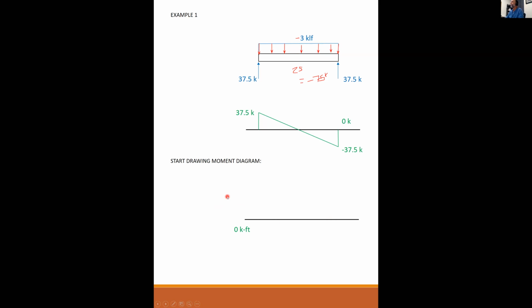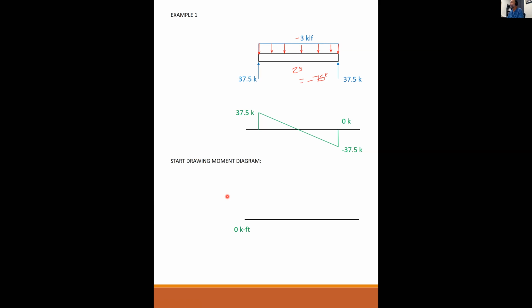Now, I know this is going to be agonizing, but I have to say it a lot of times before it sinks in. The change in the moment diagram is equal to the area of the shear diagram between the same points.